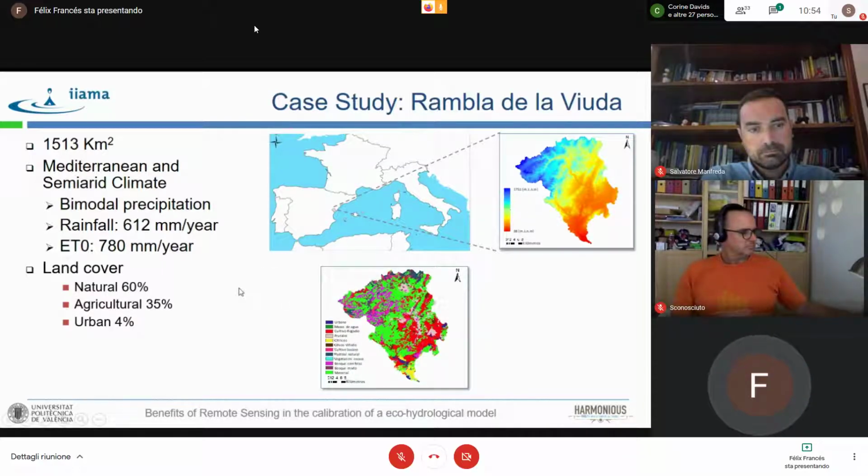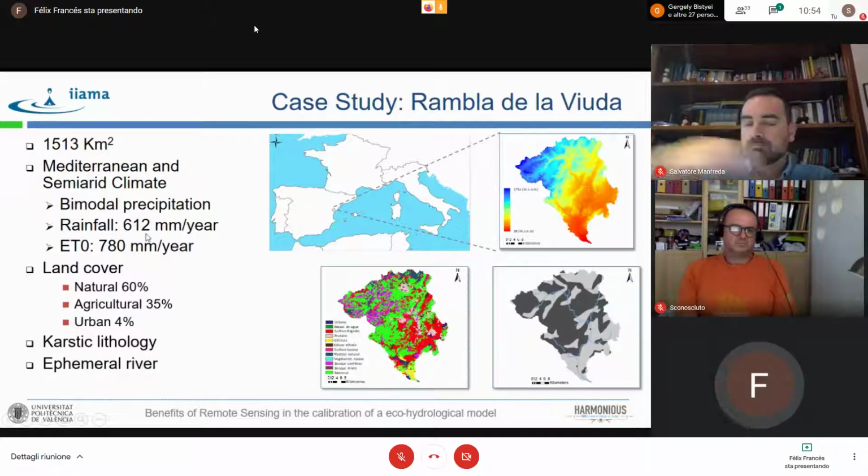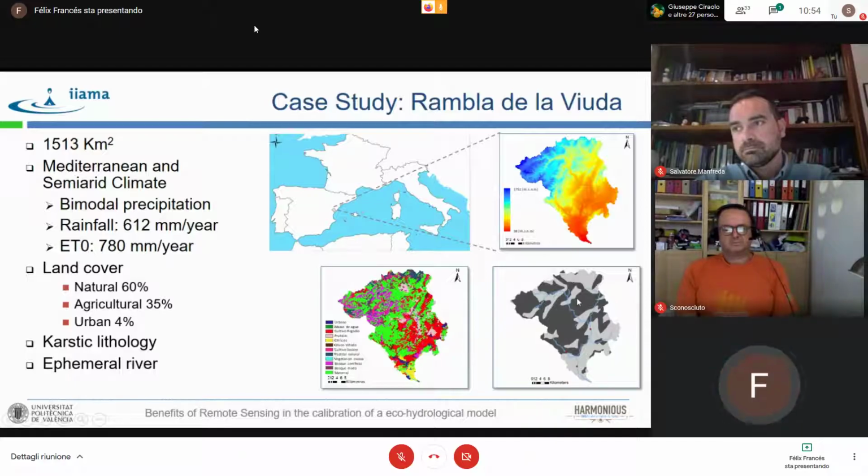Most of the catchment is natural, with pine forest, but this semi-arid climate plus karstic lithology means that this 1,500 square kilometer catchment is an ephemeral river.